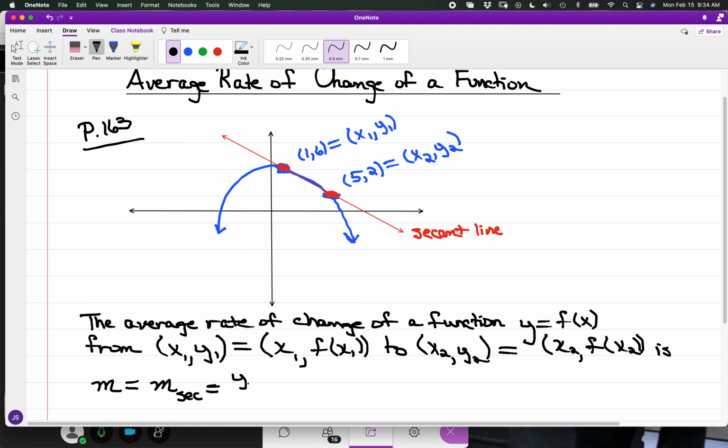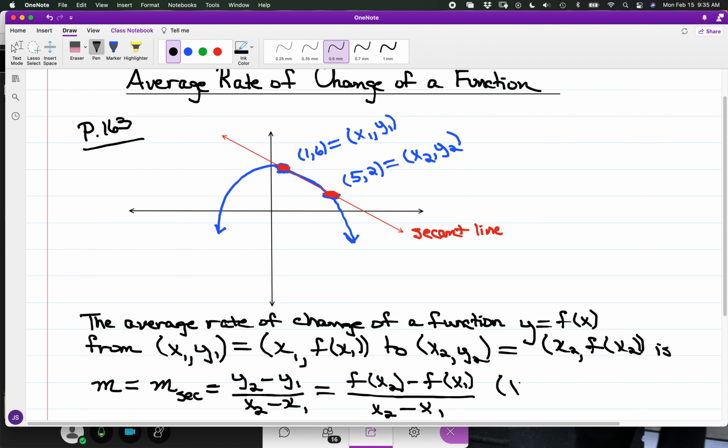In other words, what we originally referred to as change in y with respect to change in x, in functional terms we have f of x2 minus f of x1, all over x2 minus x1. And for the slope to be defined, we cannot have a zero denominator, so we have the condition that the x values cannot be equal to each other.